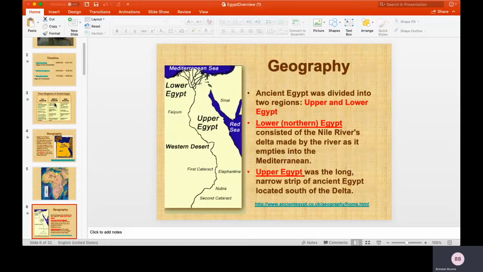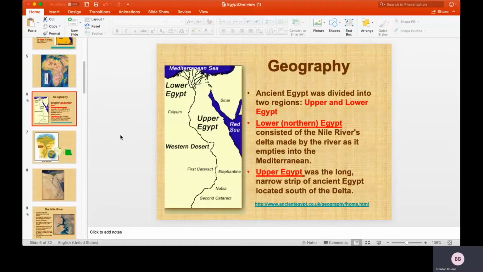The Nile was also used for washing clothes, washing people, for drinking water as well, for giving water to the animals that were being farmed as well. So cows in the region, that type of thing as well. So lots and lots of reasons why the Nile was so important and why it helped people to live in what otherwise would have been quite a difficult environment to live in.